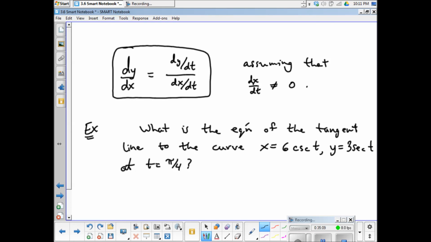Okay, so it's very simple. You're going to be finding dy dx when t is pi over 4.